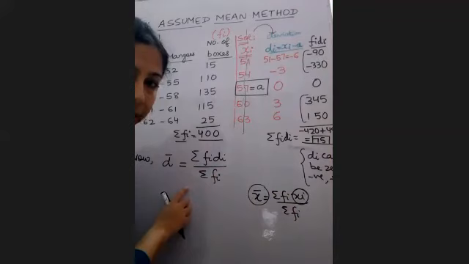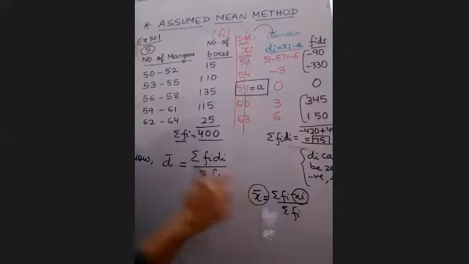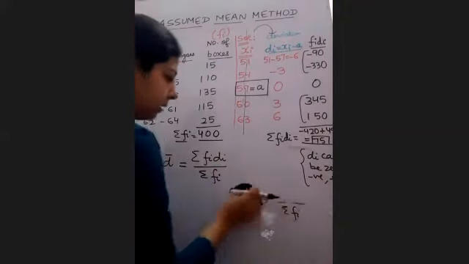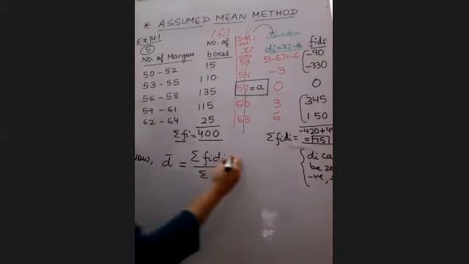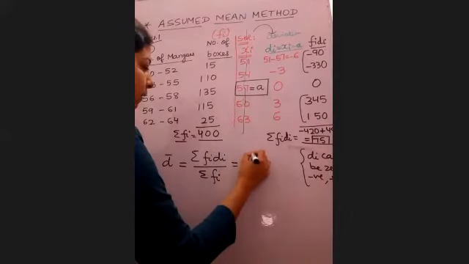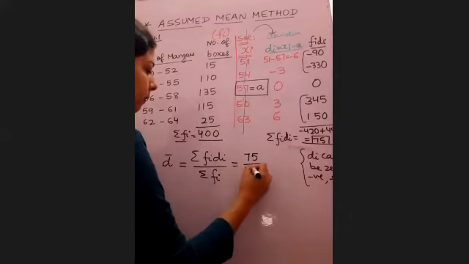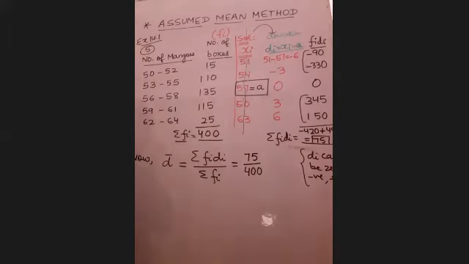First we will calculate D bar, and with the help of D bar we will reach x bar in a different way. Let us see that. First let us find D bar. So this is 75 upon 400.